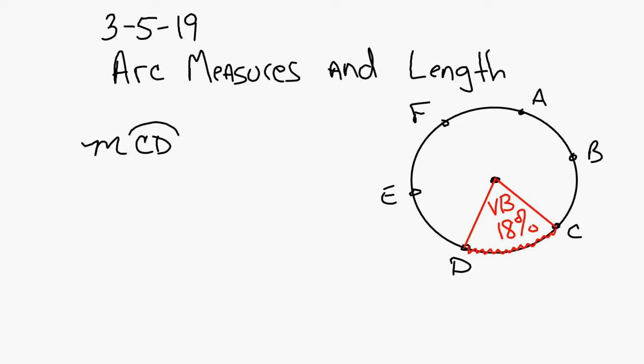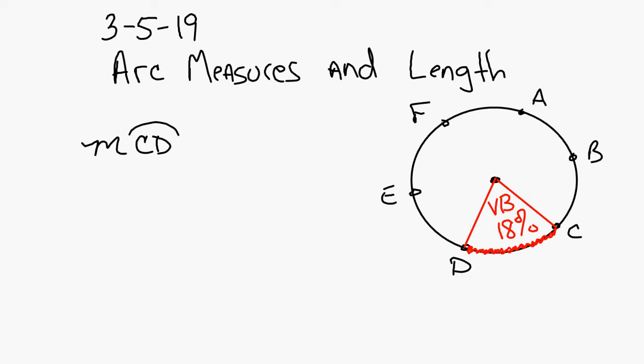What this means is that of the females surveyed, 18% of them play volleyball. Well, since 18% of them play volleyball, 18% of this circle represents volleyball.